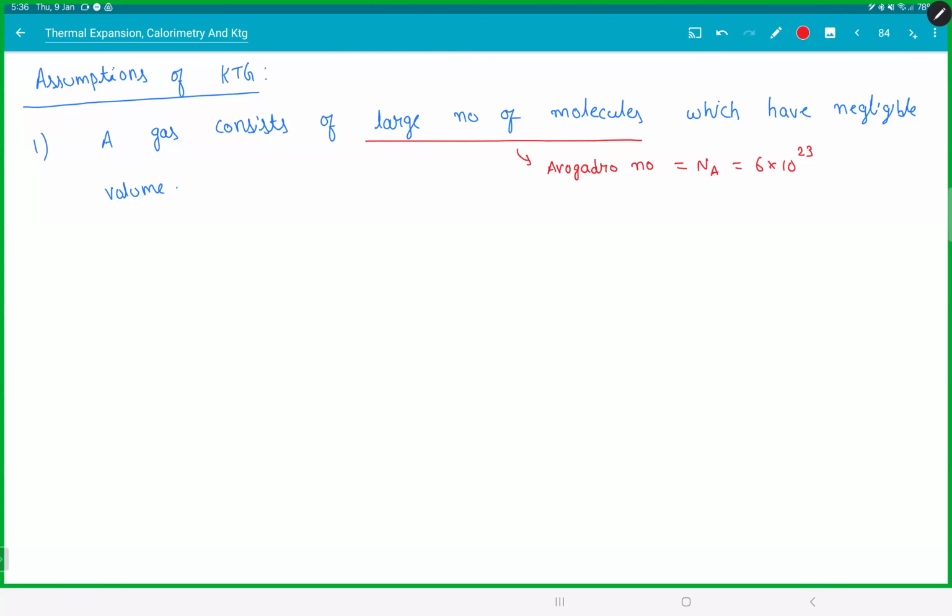So when the sample is pretty large, we can assume the gas to be uniform, or homogeneous.